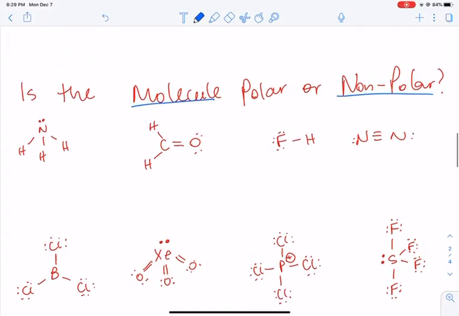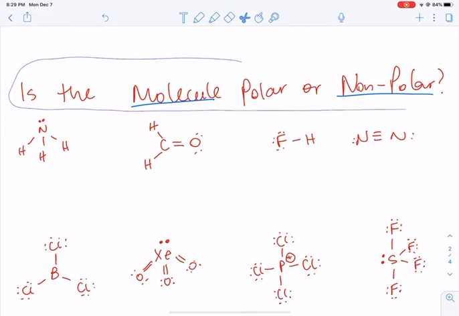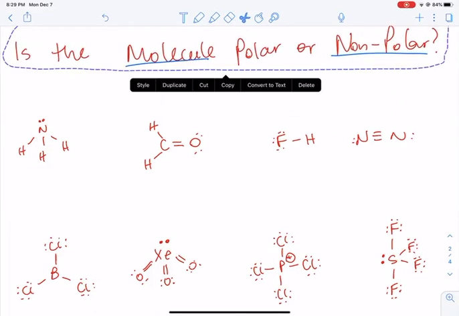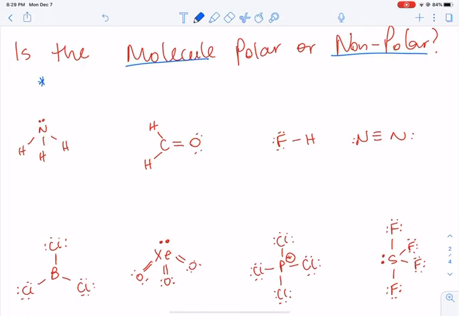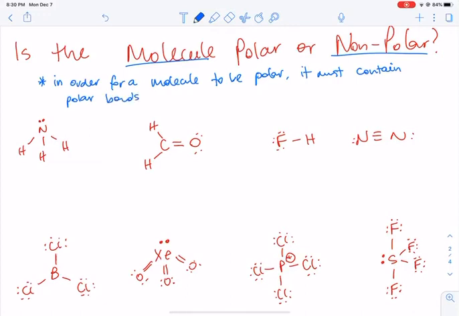So let's see. In order for a molecule to be polar, it must contain polar bonds and an asymmetric molecular geometry.